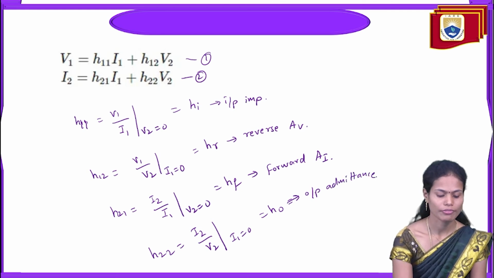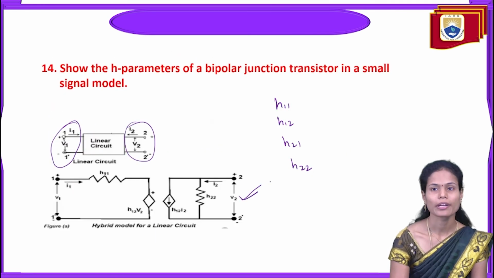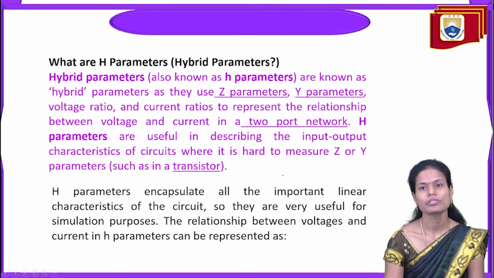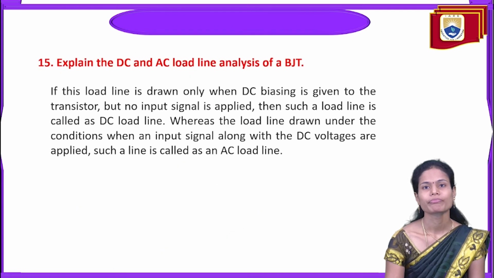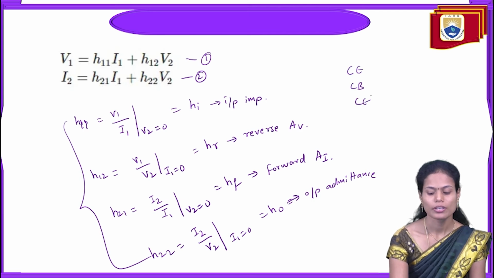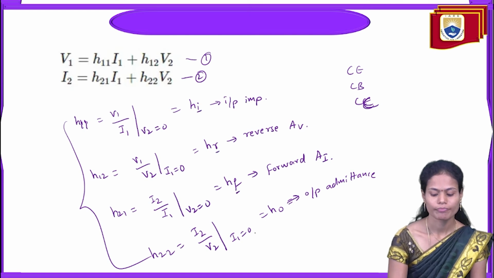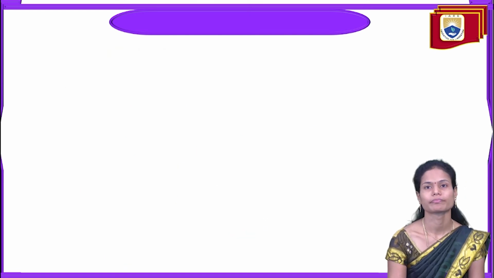Once we find all these parameters, we can draw the H parameter equivalent circuit. This is applicable for all types of configuration, that may be CE, CB or CC. The subscript will be added in all the parameters.